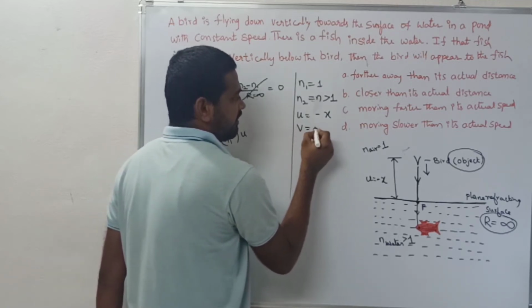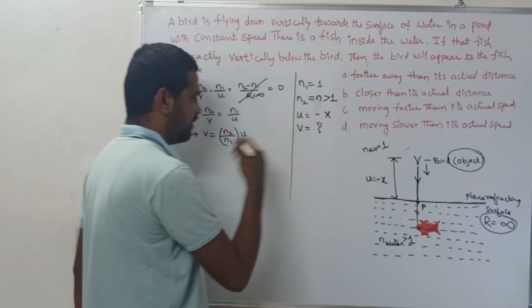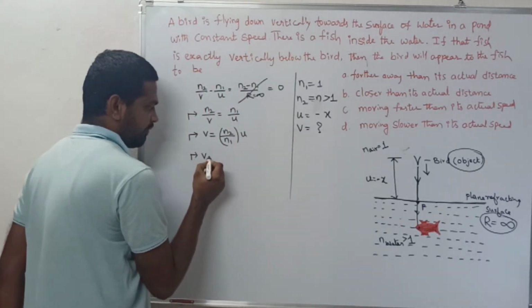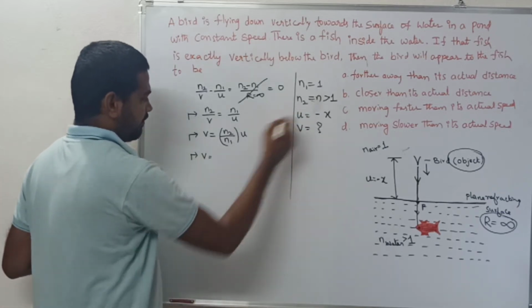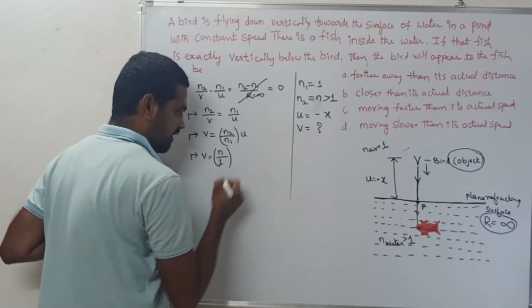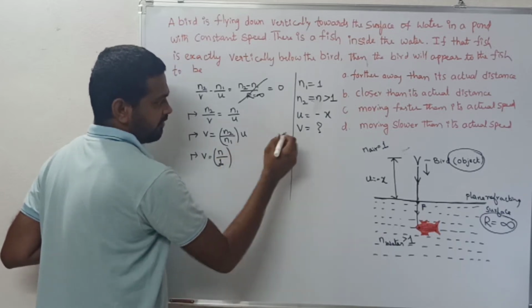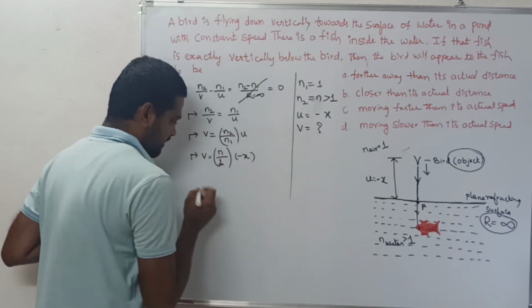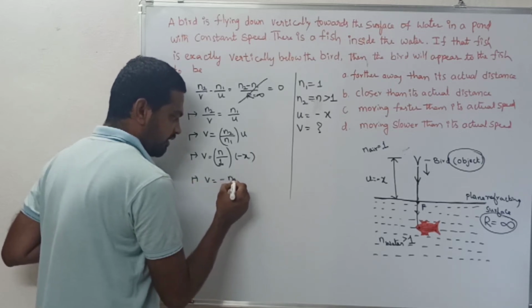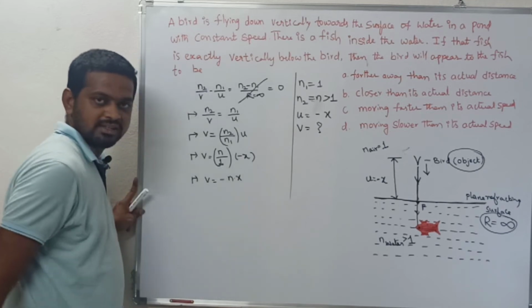Next I need to find out V. Now I am going to find the value of V. Then V is equal to N divided by N1, which is 1, multiplied by U, which is minus X. Then you will get V is equal to minus N times X. Is it clear, children?